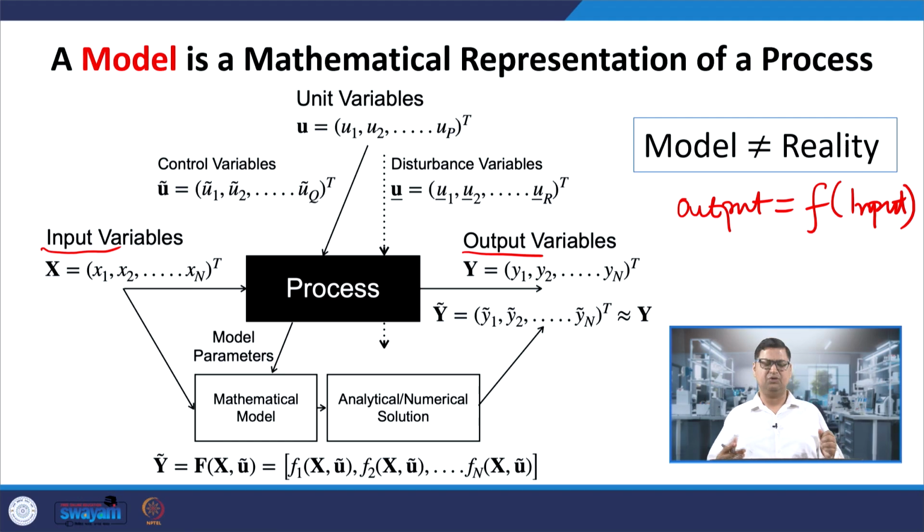Let us say, for the heating of water example, if I say that Q is equal to mc delta T, I am writing a mathematical model. If I know the heat capacity of water, the mass of the water, and the heat supplied, I can find the temperature change. That is a mathematical model, right?